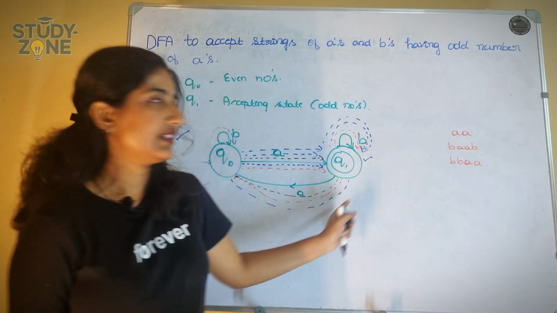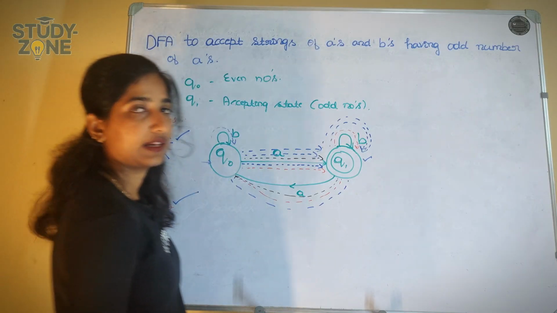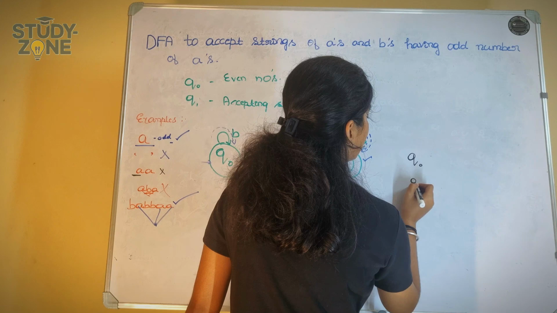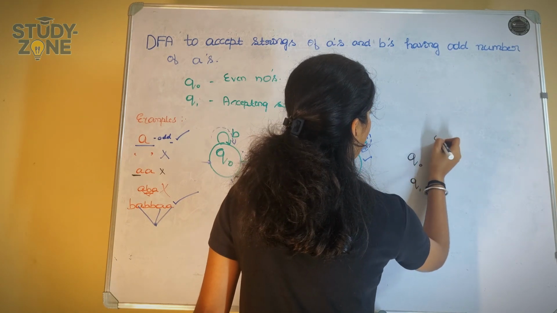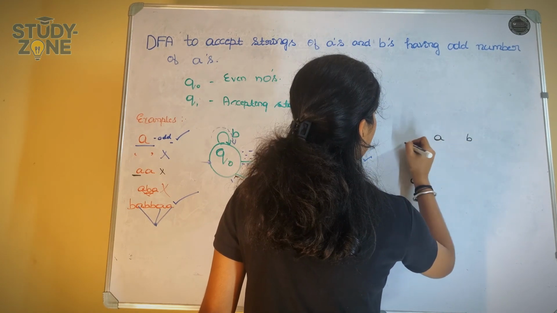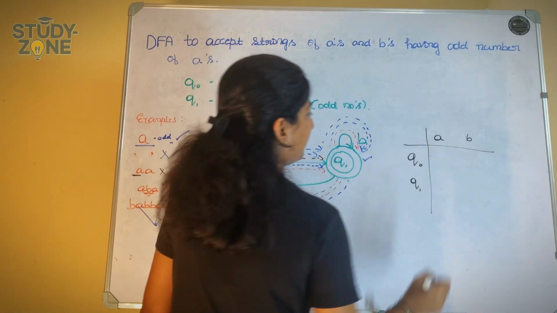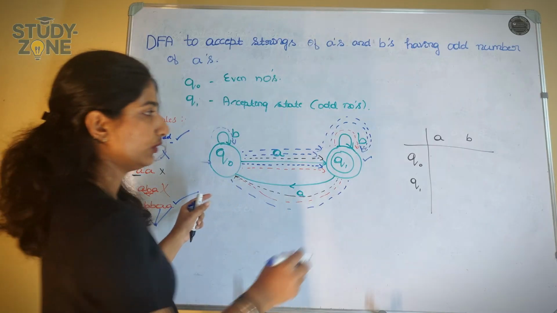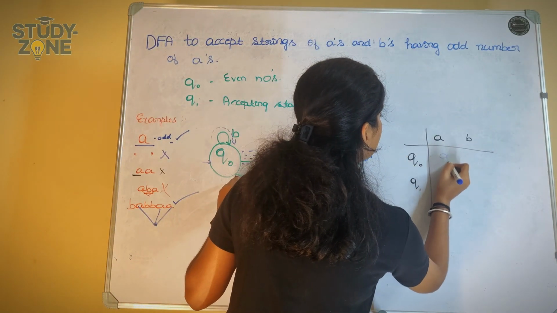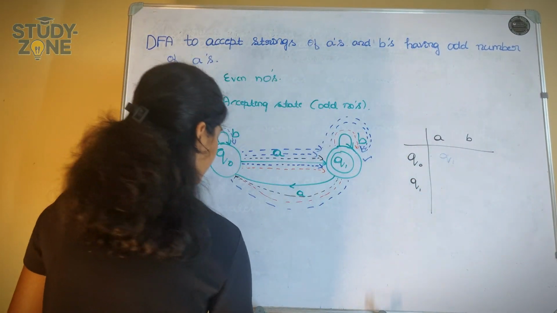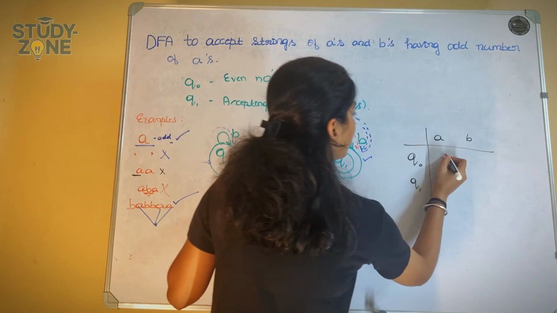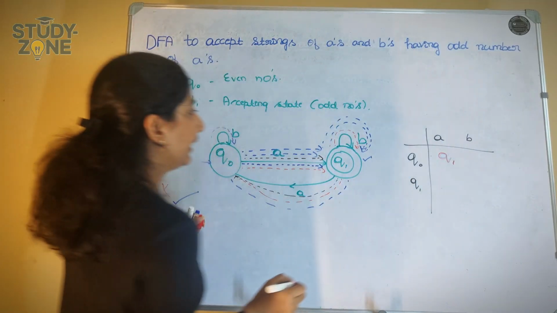Okay, so let's write the transition table. To write the transition table, we have to write the states Q0, Q1, and the input symbols A and B. Q0 on A moves to Q1, and we write that here.